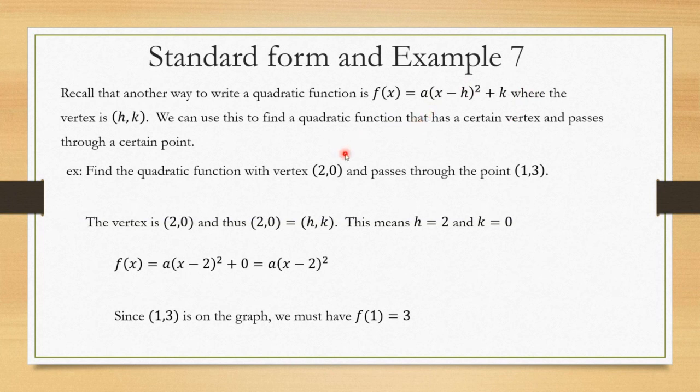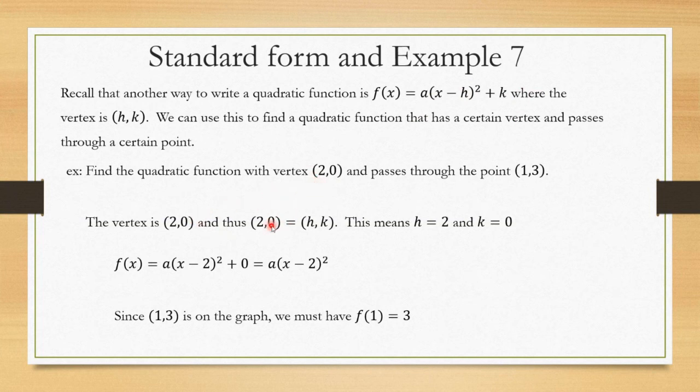Let's find a quadratic function whose vertex is 2, 0, and it passes through this point 1, 3. So what does 2, 0 tell us? Well, the vertex is 2, 0.